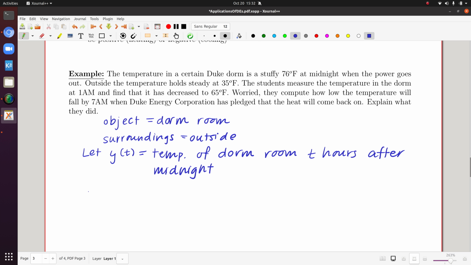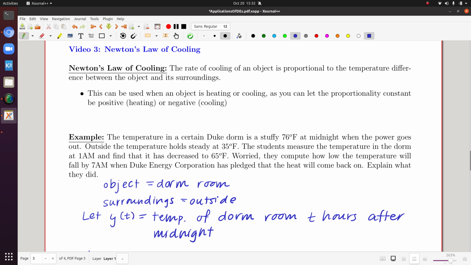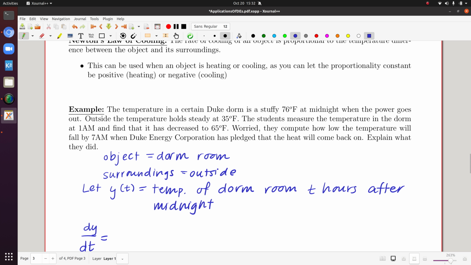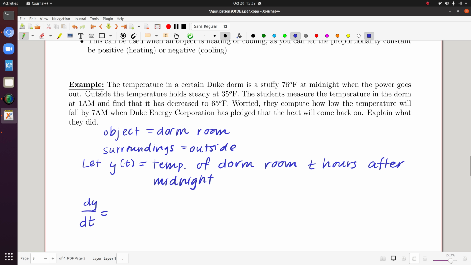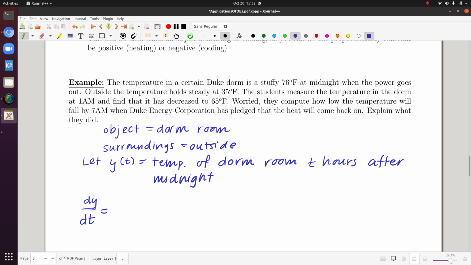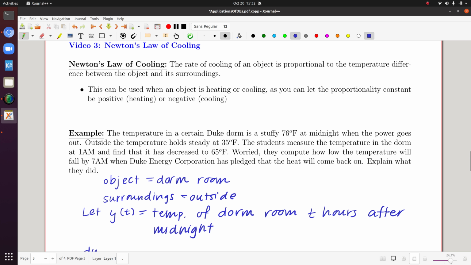So dy/dt. The law says the rate of cooling of the dorm room is proportional to, so proportional to tells me that I want to put in a constant, and because it's cooling, I'm going to put a minus k there. And it's proportional to what?